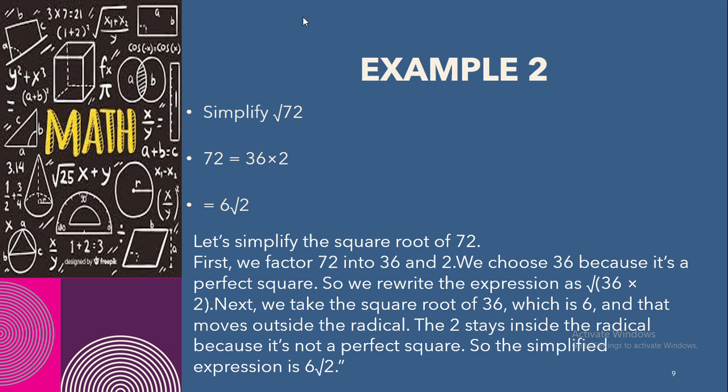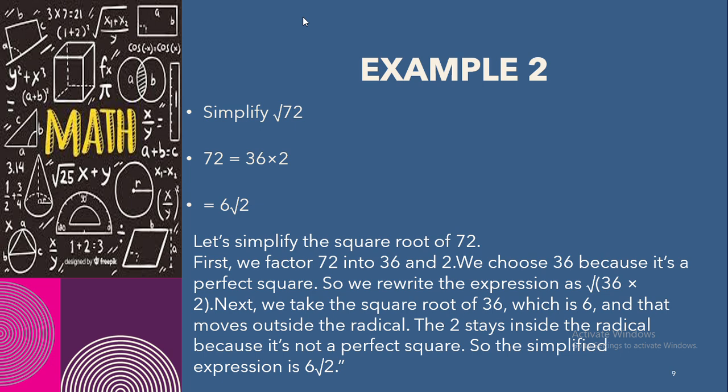Example 2. Simplifying root 72. Let's simplify the square root of 72. First, we factor 72 into 36 and 2. We choose 36 because it's a perfect square. So we rewrite the expression as square root of 36 times 2.